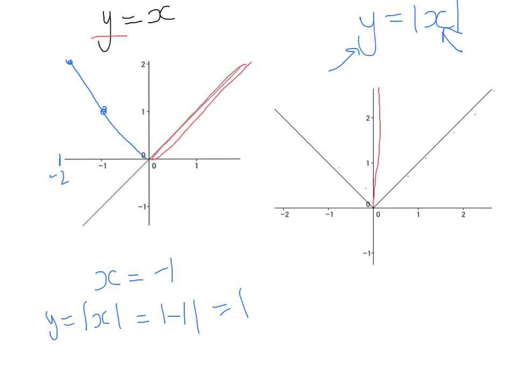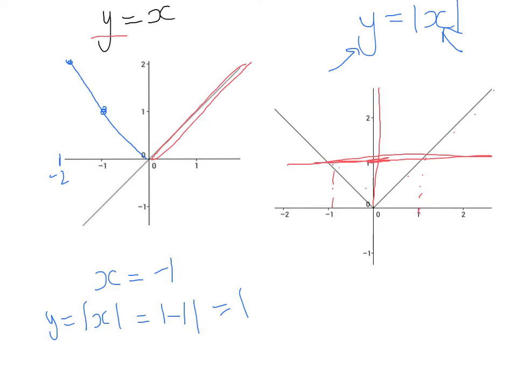Now, from what we were looking at in a previous lesson about whether this is a many-to-one or a one-to-one mapping, well, let's look at this. If I draw my line across at y being 1, you can see that x could be negative 1 or it could be 1, therefore it's not a one-to-one mapping.